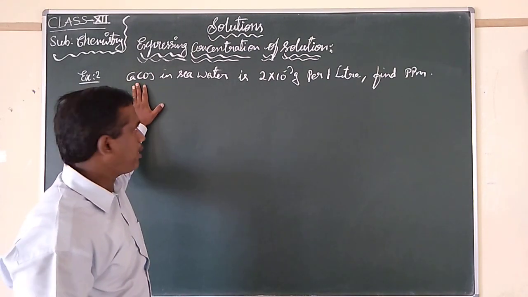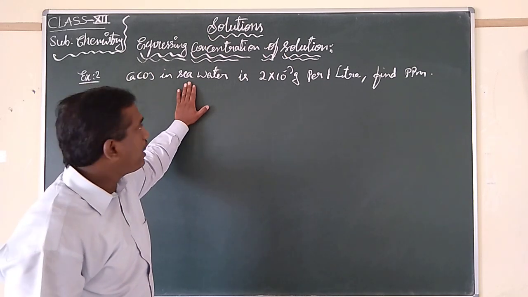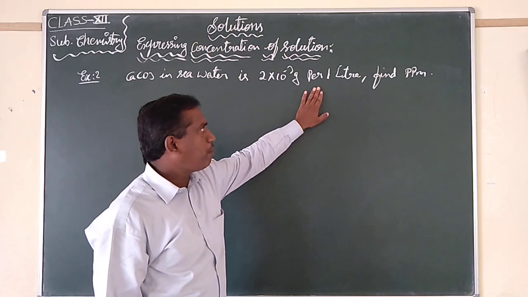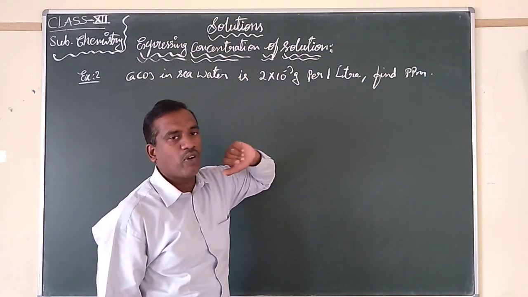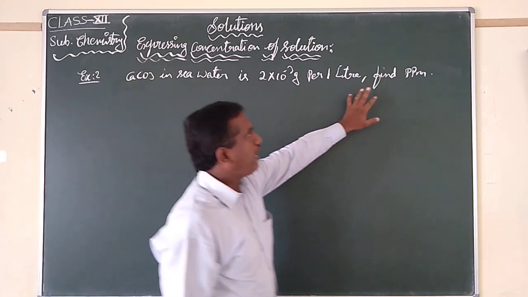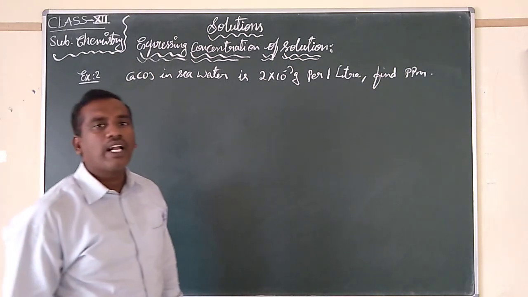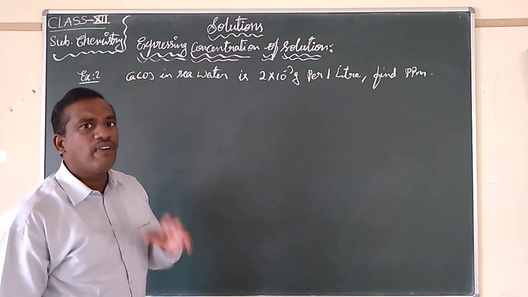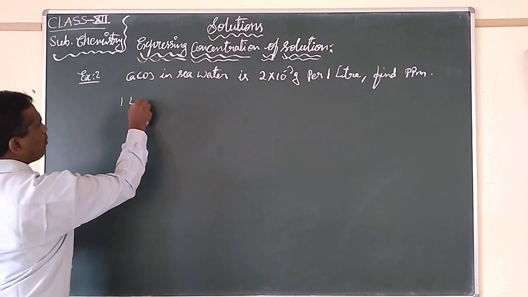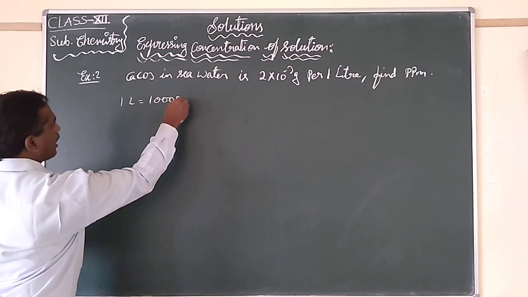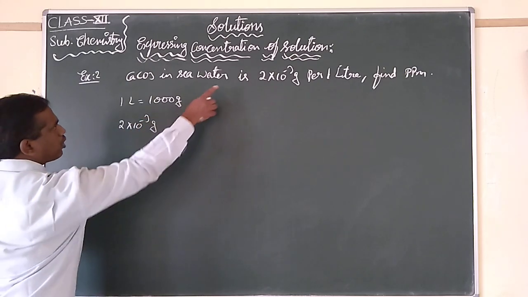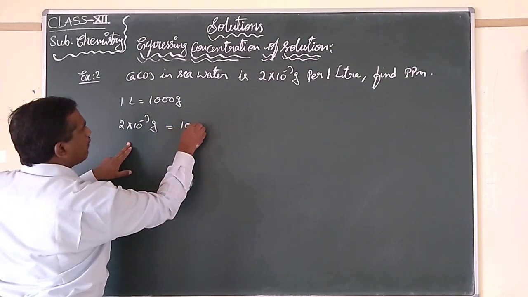CaCO3, calcium carbonate, in sea water is 2 into 10 to the power of minus 3 grams per 1 liter. Per 1 liter how many grams are present? 2 into 10 to the power of minus 3 grams. Find the ppm of calcium carbonate. The similar process we apply. 1 liter is equal to 1000 grams. 2 into 10 to the power of minus 3 grams of calcium carbonate is present in 1 liter.